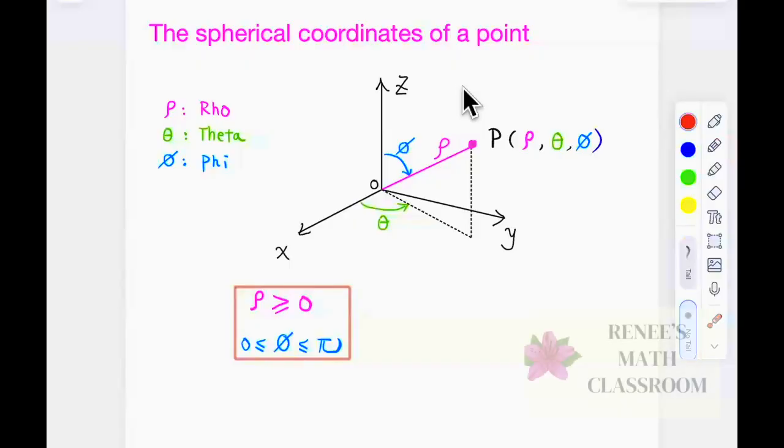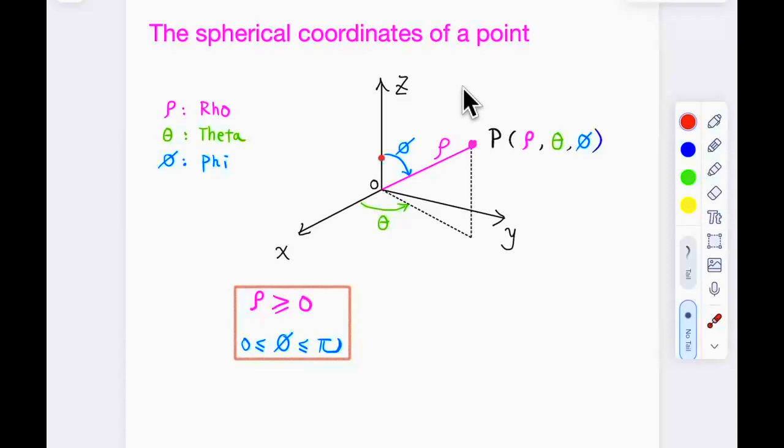The spherical coordinate of this point P here is rho, theta, and phi. Rho is the distance from the origin to this point P. Theta here is the same angle as in cylindrical coordinate. This is theta.